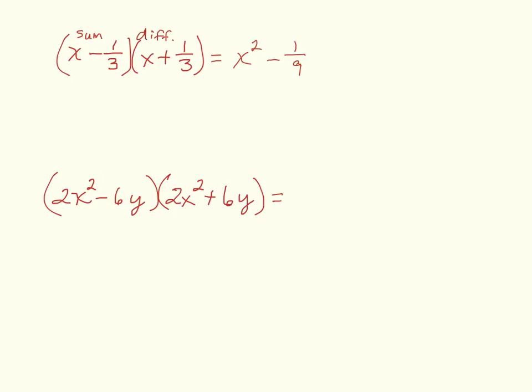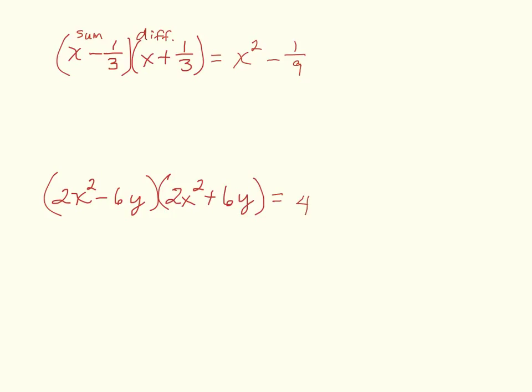Look at this one. Is it the sum times the difference of the same 2 terms? Sure is. So how do you square the first term? What is the first term? The first term is 2x squared. Well, to square that, remember you have to square it all.